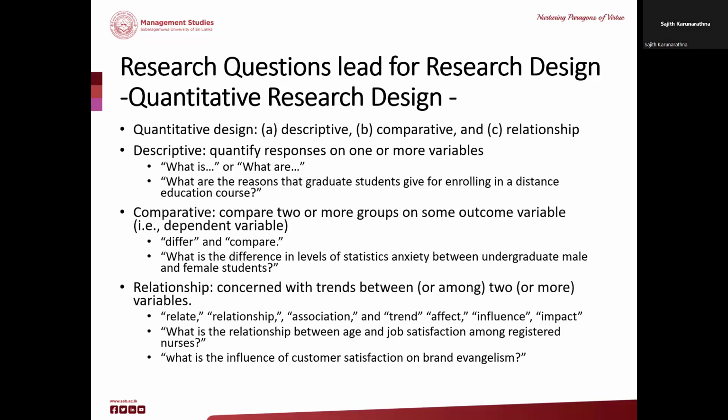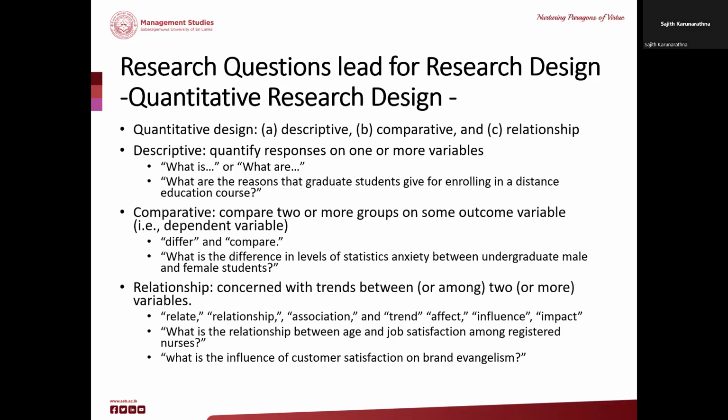If your research questions quantify responses on 1 or more variables, for example, if it is broadly descriptive: what are the determinants of corporate dividend policy? What are the factors affecting employees' motivation?